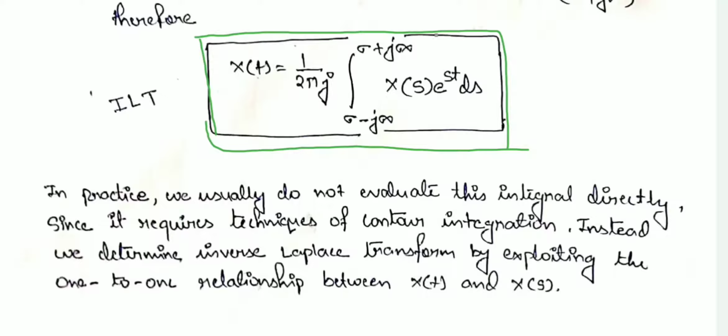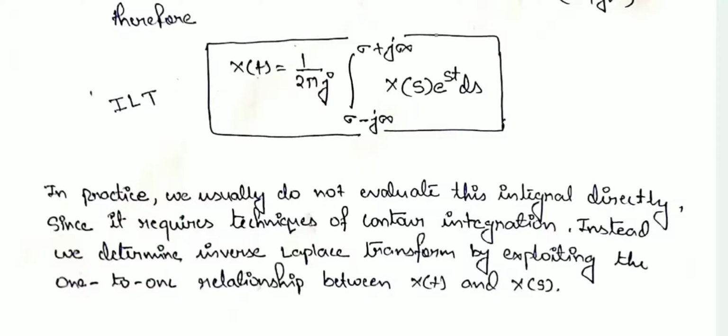As this contains the imaginary infinite line, it is very complex to find the integral. Therefore, in practice, we do not use this integral for the inverse Laplace transform. We follow a shortcut method, or use the properties of the Laplace transform which we have already discussed.